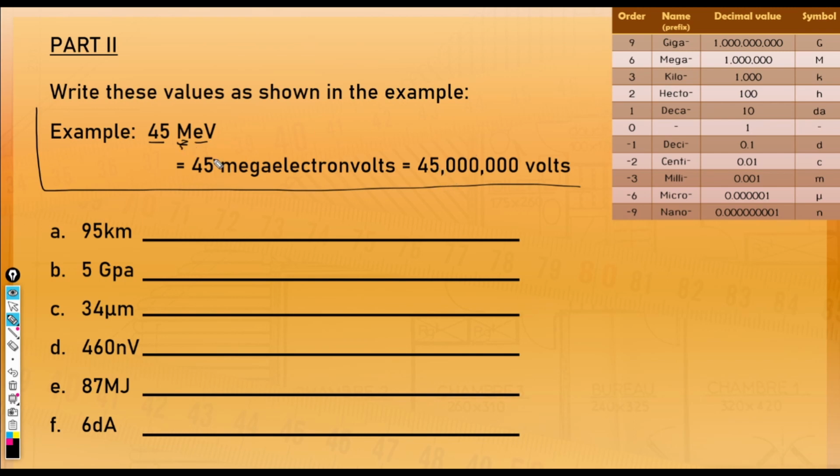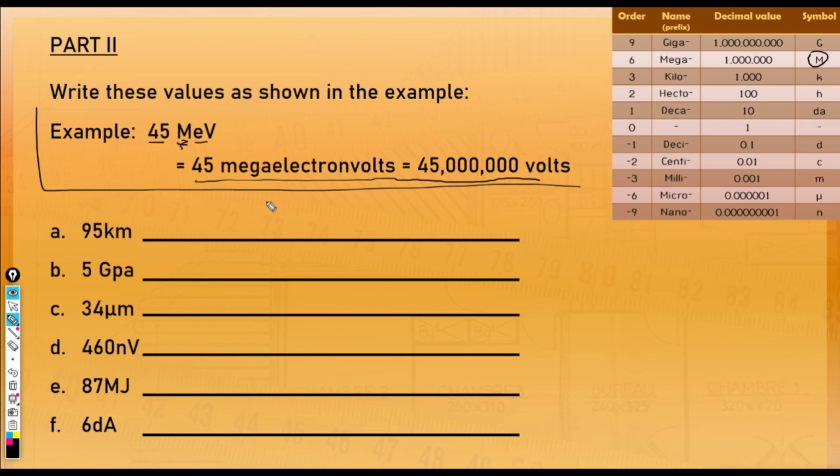And M, capital M, notice, capital M corresponds to mega. Mega corresponds to 1 million. So it's 45 times 1 million electron volts. That is 45 mega electron volts, or 45 million volts. Okay? So that's what we're going to be doing.